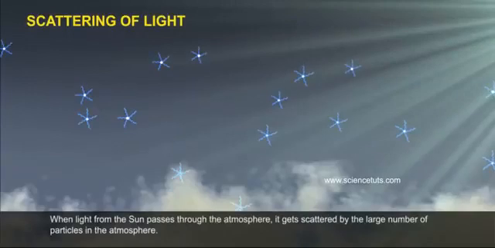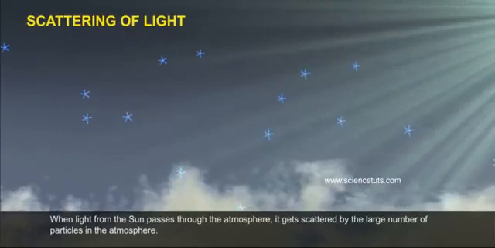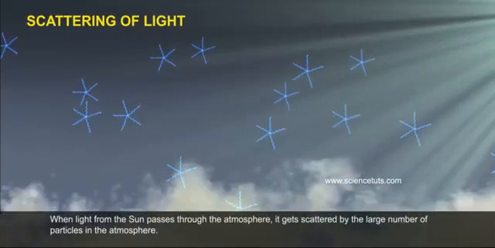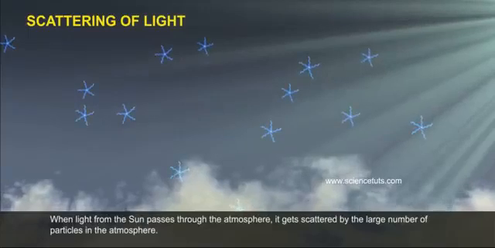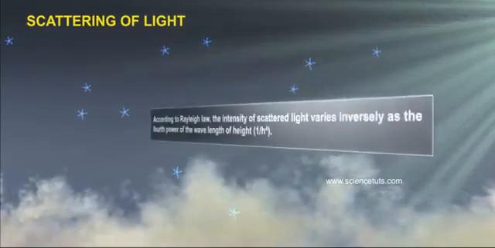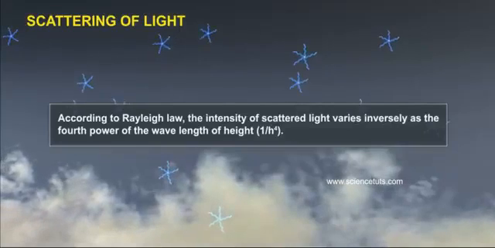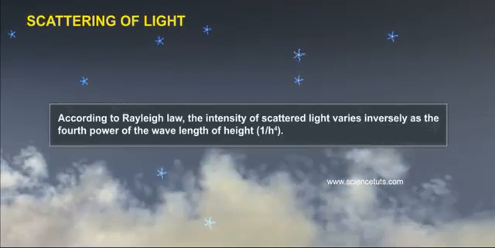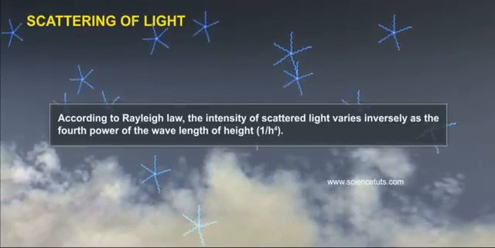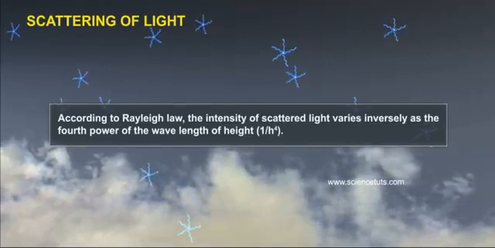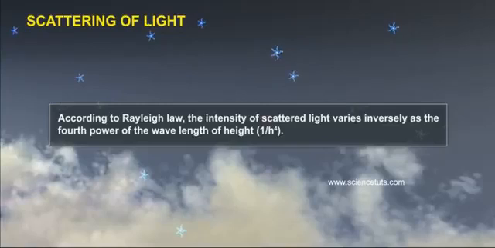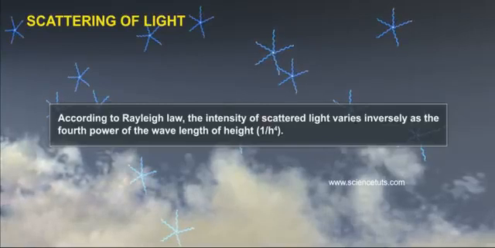When light from the sun passes through the atmosphere, it gets scattered by the large number of particles in the atmosphere. According to Rayleigh law, the intensity of scattered light varies inversely as the fourth power of the wavelength, 1 by lambda power 4.